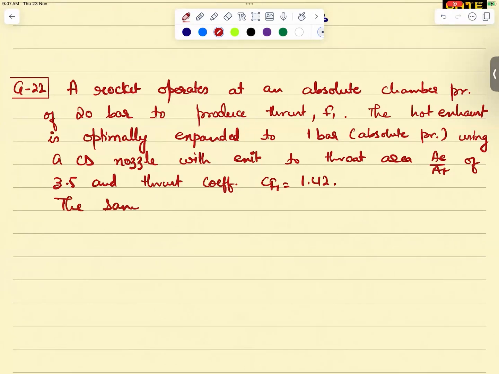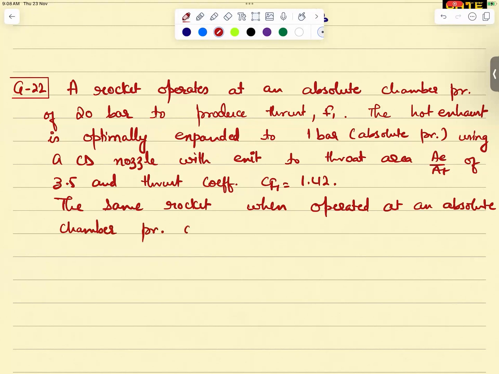The same rocket, when operated at an absolute chamber pressure of 50 bar, produces thrust F2 and thrust coefficient CF2.